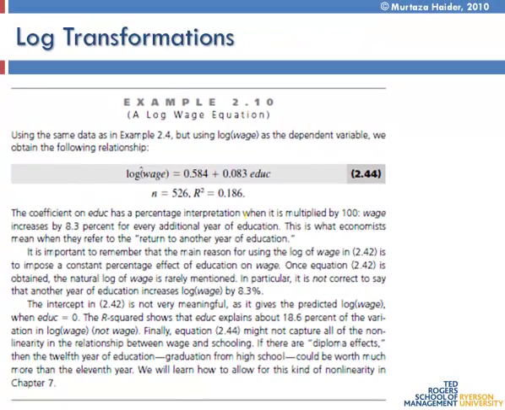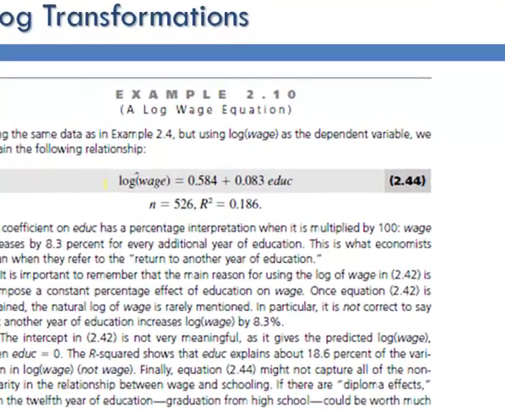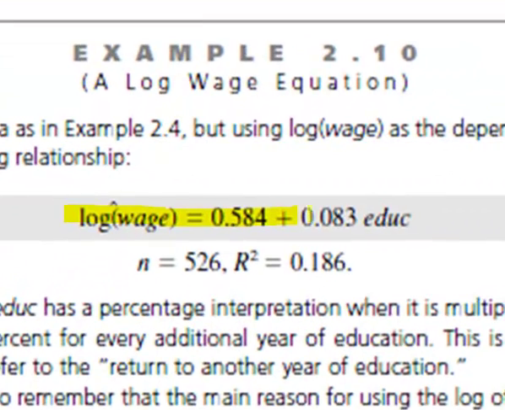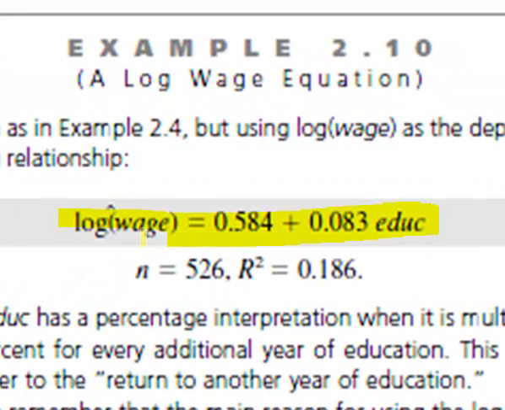Here's another model where we are modeling the hourly wage as a function of education. We have observations of 526 individuals, and our R-squared is 0.186 or 18.6%. Look at the dependent variable, which is log of wage, and education in years is in the level form.